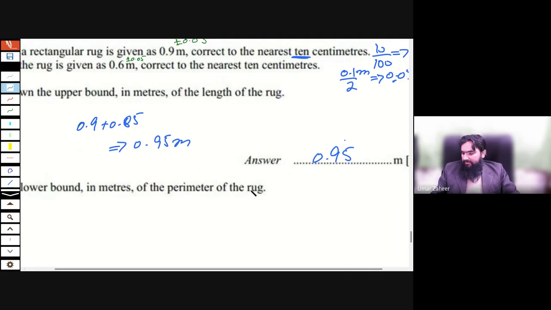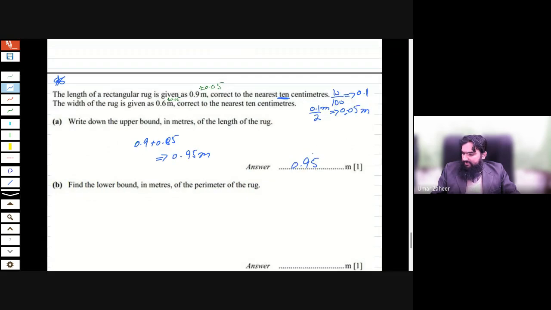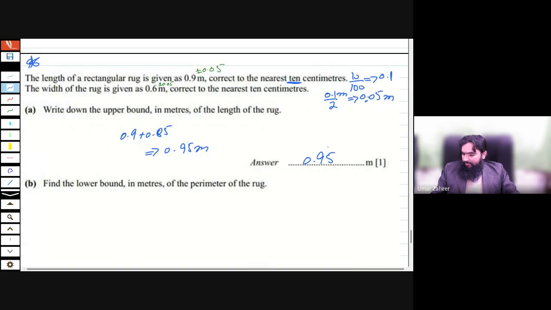In the next one, he says that you have to find the lower bound of the perimeter. What is the perimeter of this rectangle? It's a rectangular shape, it is going to look like this.